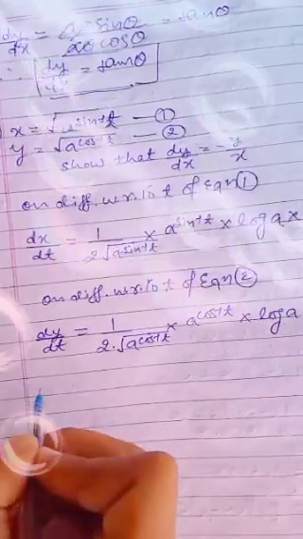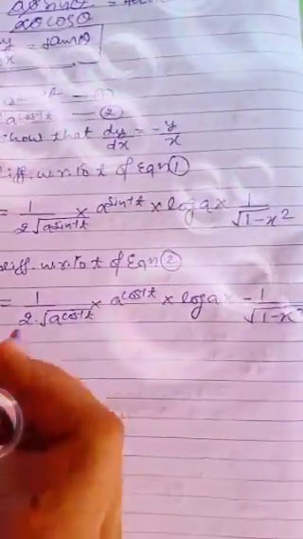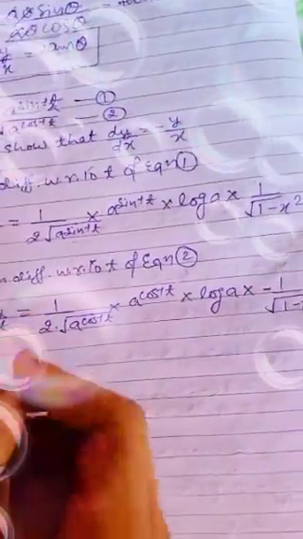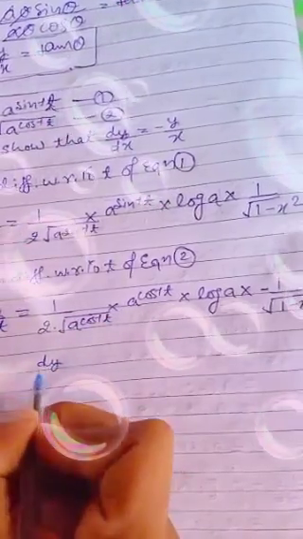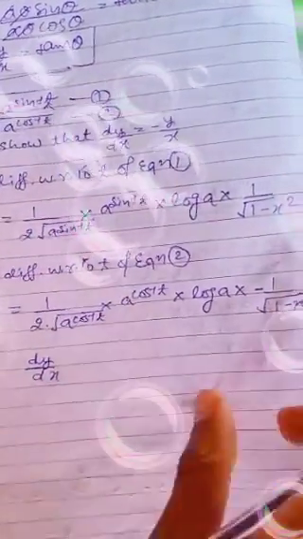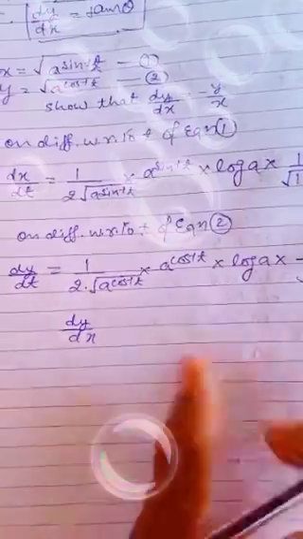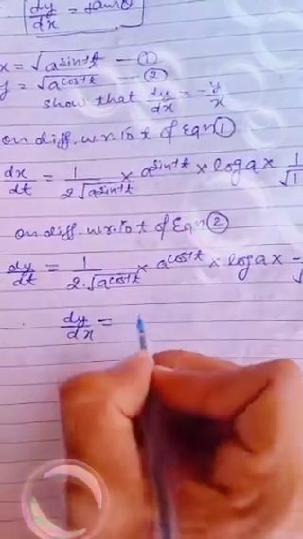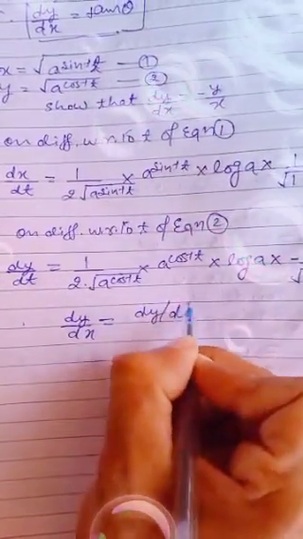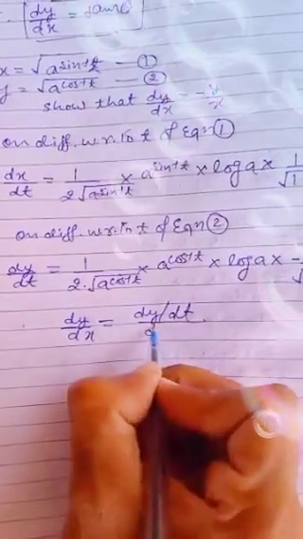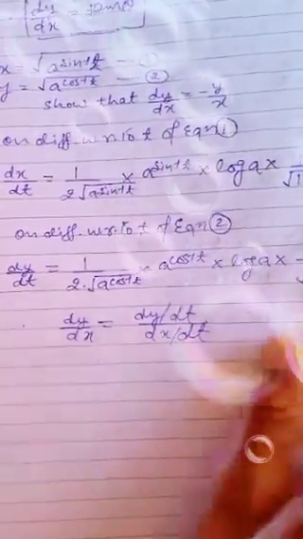Now what we will do, we need to find dy over dx. So first of all we can divide dy over dt by dx over dt.